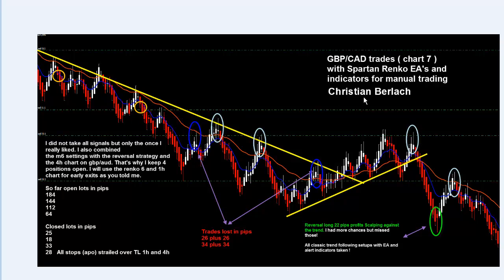This is one of our premium members that had the mission to trade these Renko bars for the last 6 to 8 months, and he had really great results over the long term, of course, because you will also get, as you can see, some losing trades that you have to manage.